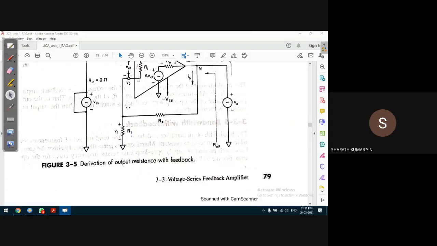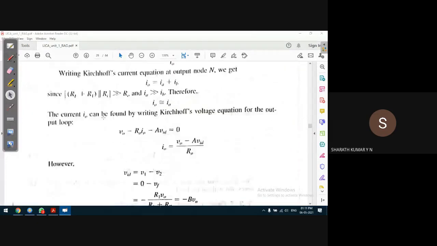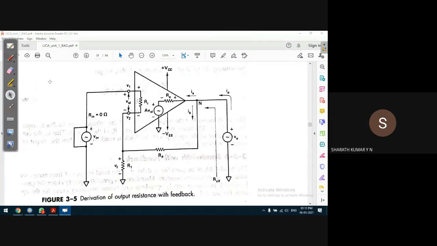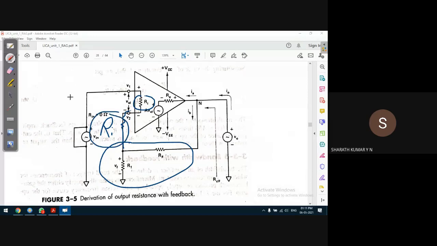So we take RF and R1 as a series combination, which is in parallel with RA, because this resistance exists. So RF plus R1 is in parallel with RA.